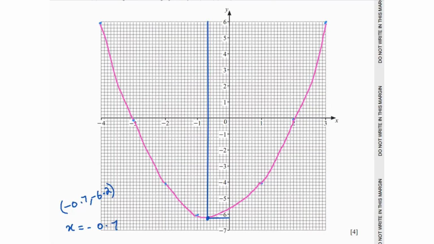Now, to find the values when the equation equals 3, we draw a line from y equals 3. And we see the intersection points between the curve and the line. That's here, and that's here.